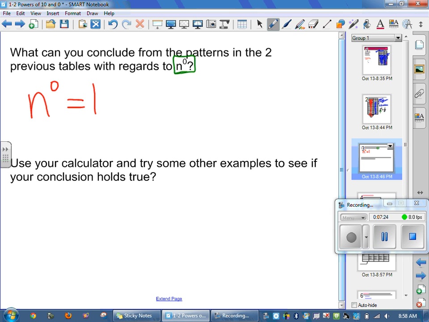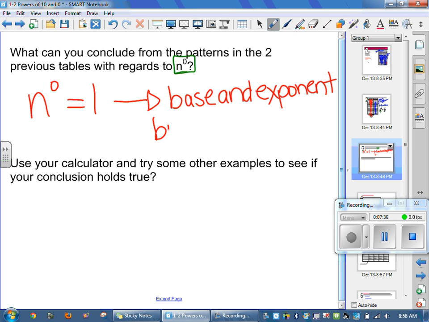So we can say the base and exponent both disappear and are replaced by the number 1.